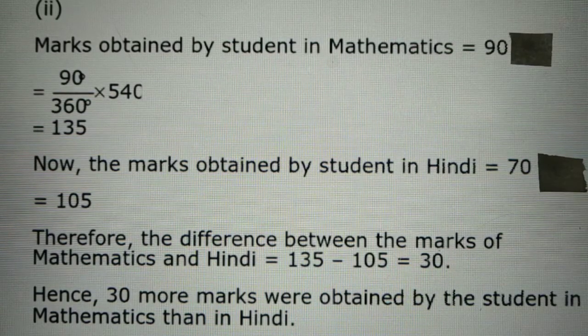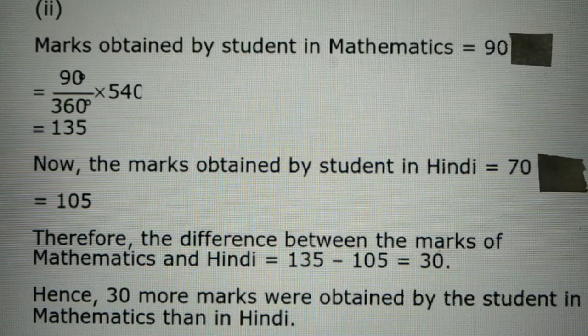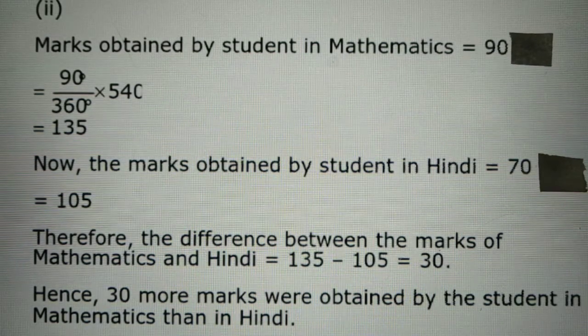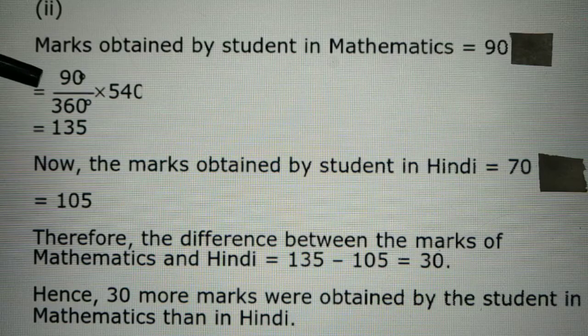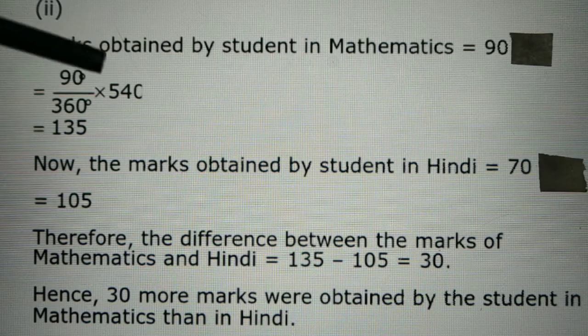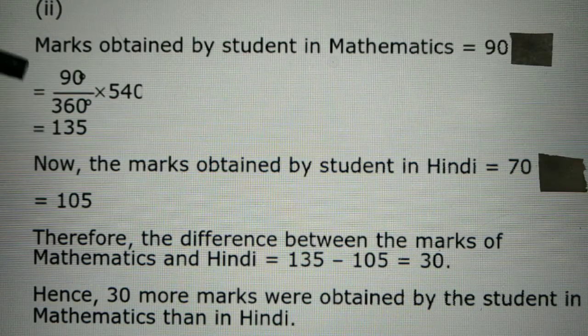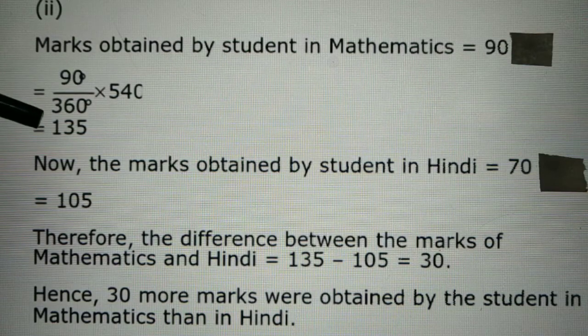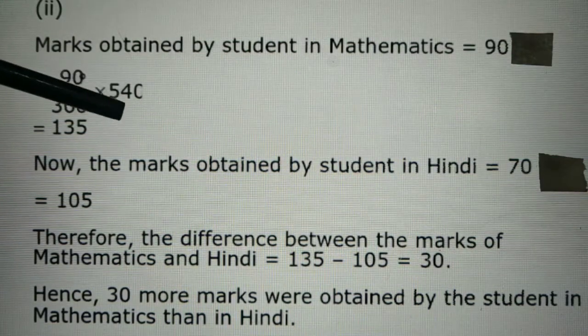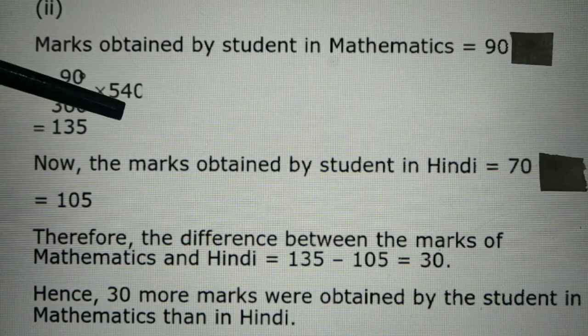Now from the marks we can find the angles, and from the angle we can find the marks. How can we find the angle? That is the given value divided by the total value, into 360. And how can we change the angle into value? The given angle divided by the total angle, into the total value.